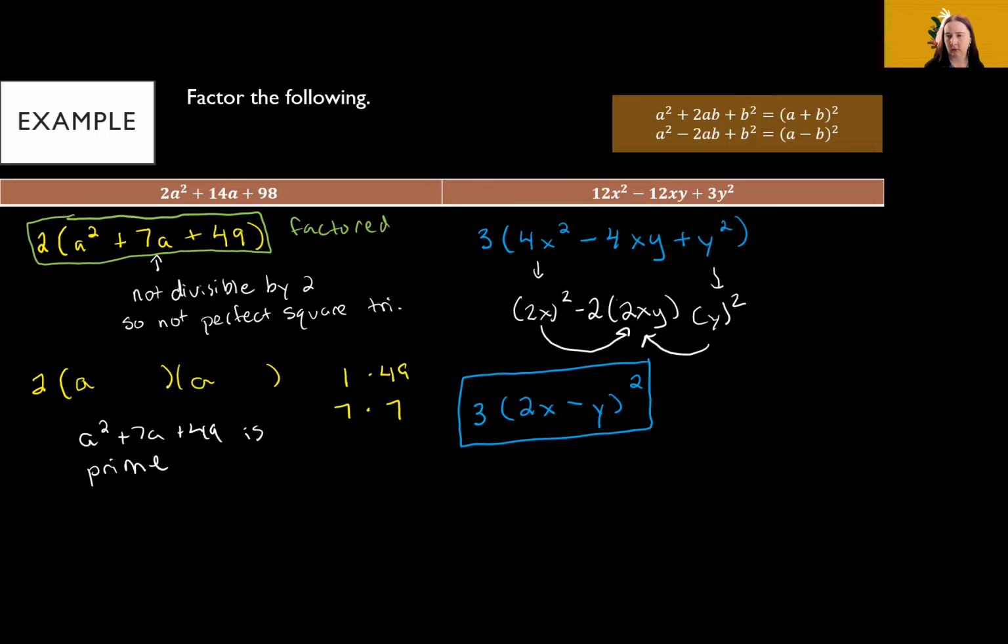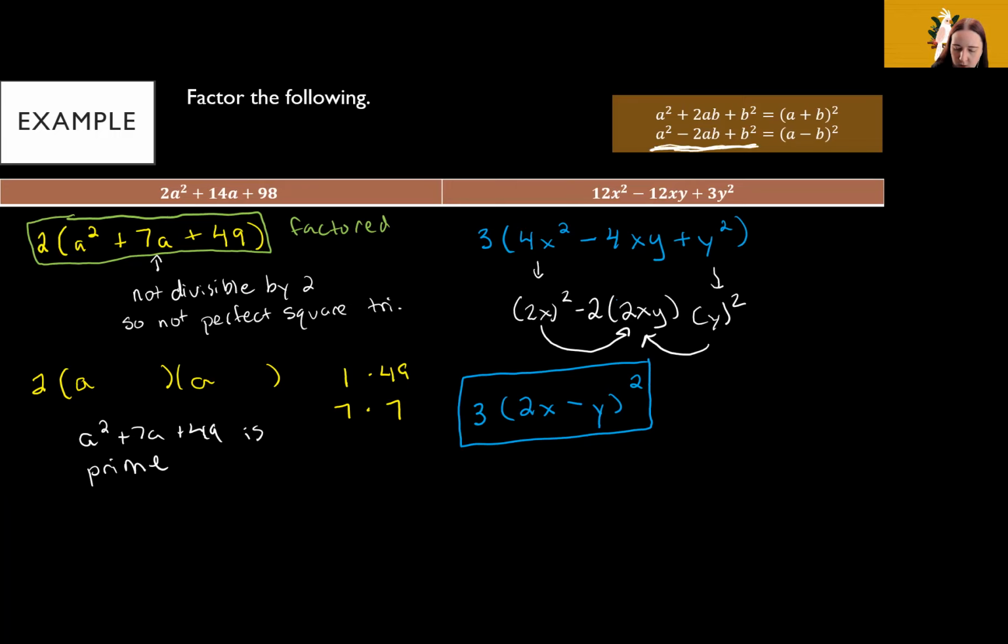Okay. So did you get lost on how, oh, the part that's in white? Yes. Okay. So that is me checking to see that it matches our formula to see if it's a perfect square trinomial. So if it's a perfect square trinomial, it needs to be in one of these forms.